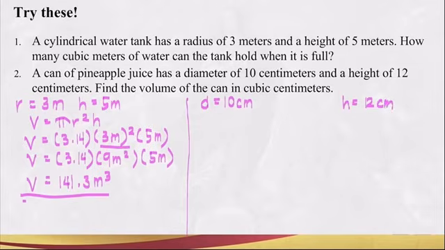As you can observe, one of the given in this problem is diameter. So, bago tayo magpunta sa next step, we need to find the radius. Kapag ang given ay diameter, to find the radius, you will just get the half of the diameter, by dividing it by 2. So, 10 divided by 2 is equal to 5 cm.